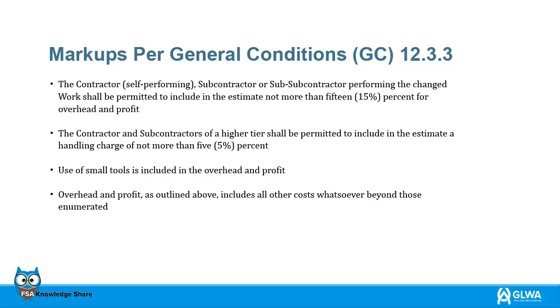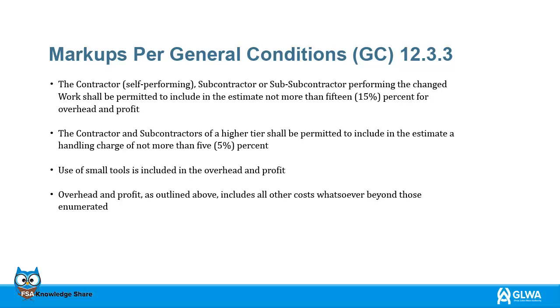The contract will provide the appropriate markups per General Conditions 12.3.3, and the project manager should be aware that these may vary. Therefore, while processing a CCD, a review of the relevant contract sections is required. The contractor, self-performing, subcontractor or subcontractor performing the changed work shall be permitted to include, in the estimate, not more than 15% for overhead and profit.